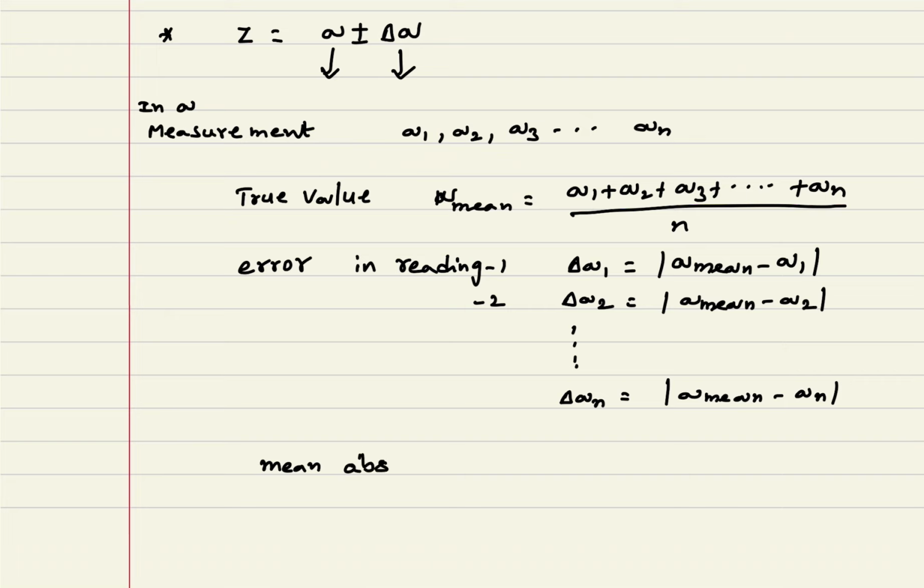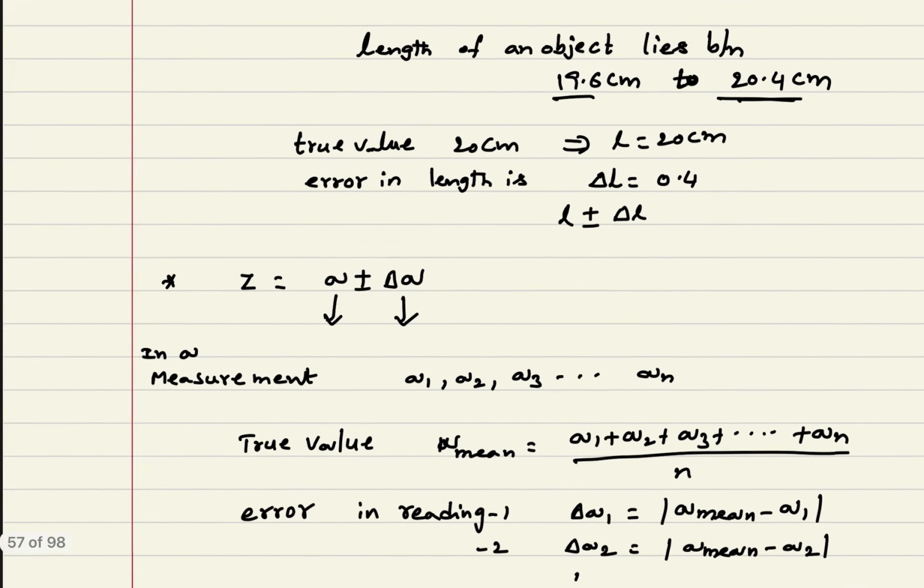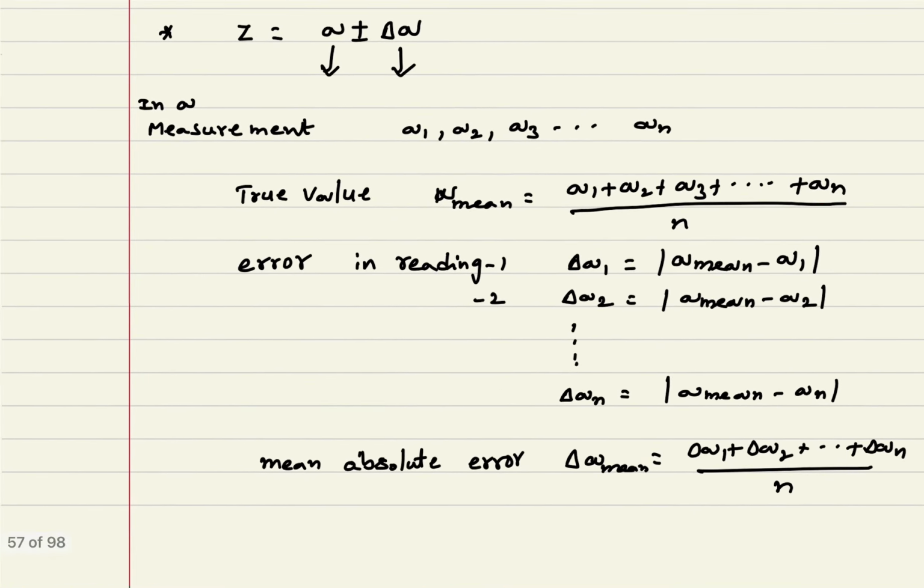I can write the mean absolute error, delta a mean, as delta a1 plus delta a2 plus so on up to delta an, whole divided by n.